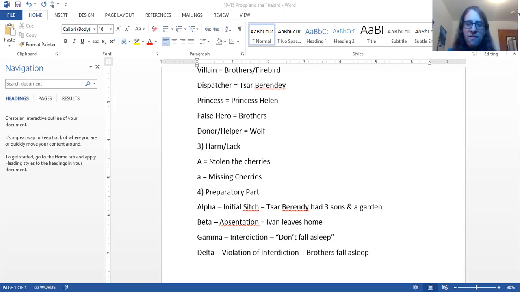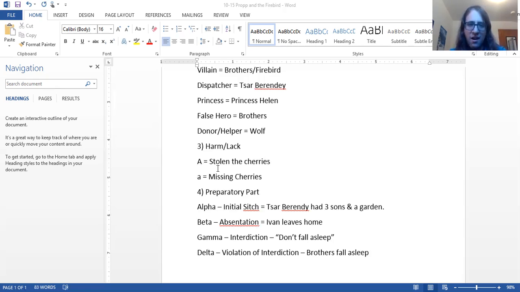I don't really see the villains or the brothers or the Firebird doing trickery at this point in the story, so I think we can skip that as well, which means we skip theta, which is complicity, when somebody is tricked by the villain. So maybe we could also make an argument with these ones as well that they could appear later on in the story. We'll think about that when we get there.